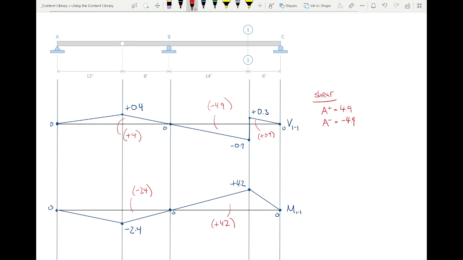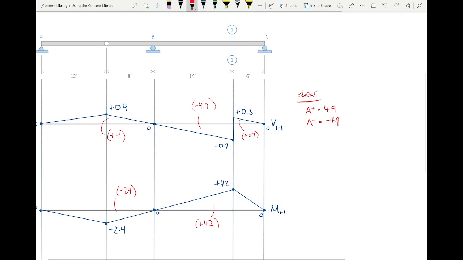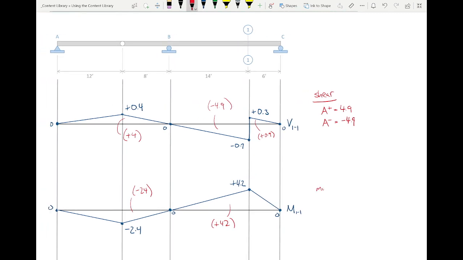What about for moment? Would you agree with that?